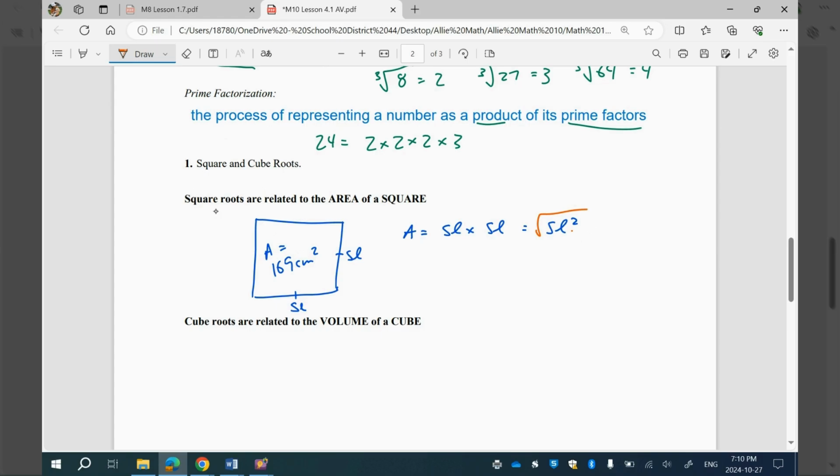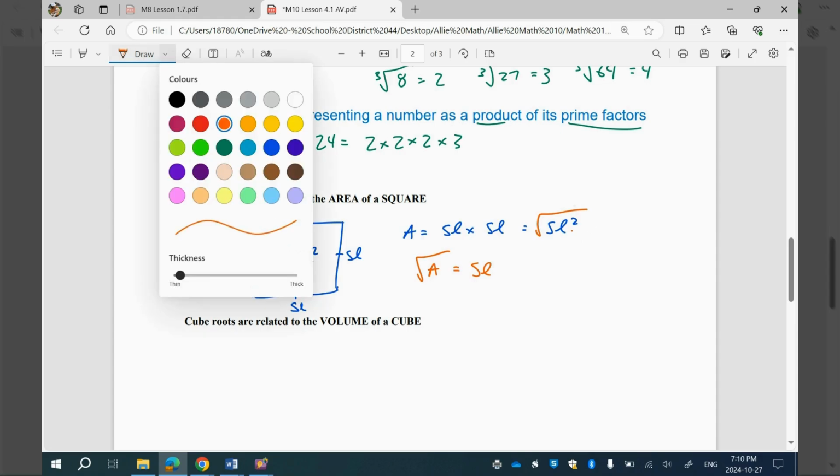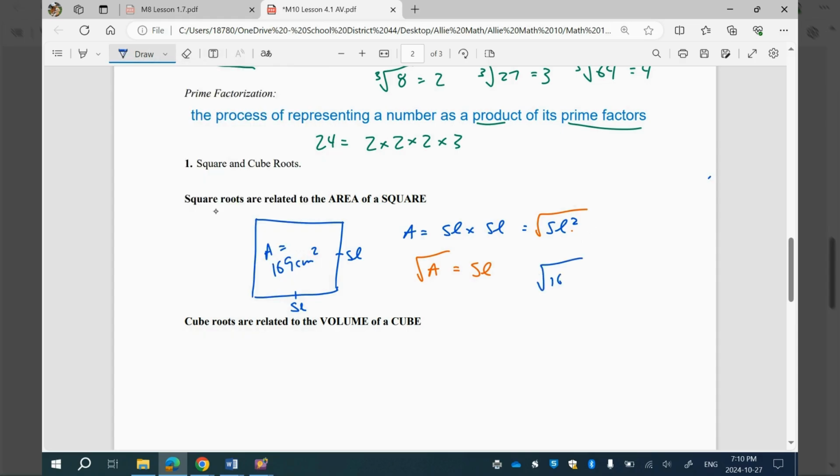So the square root of the area equals the side length. If we want to find the side length here, we go square root of 169 equals 13 centimeters. That would be the side length of this square.